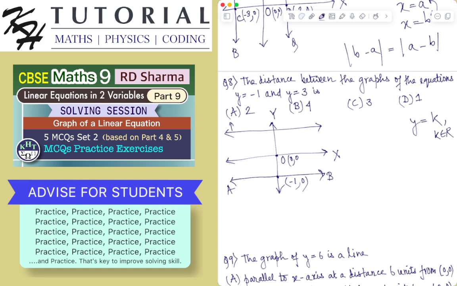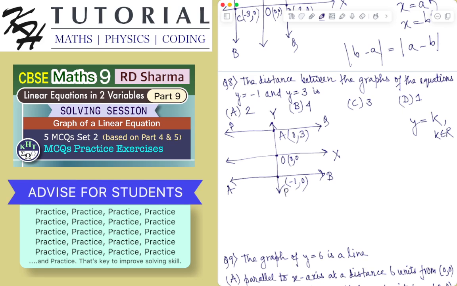Let's say PQ, this line is the graph or line of the equation y equals 3, where obviously the line PQ is intersecting the y-axis at a point, let's say A, which will be (0, 3), and the line y equals -1, which is the line AB, will intersect the y-axis at the point (0, -1).